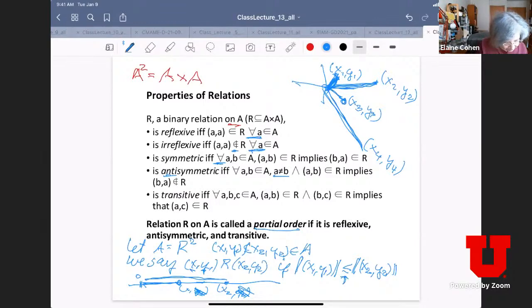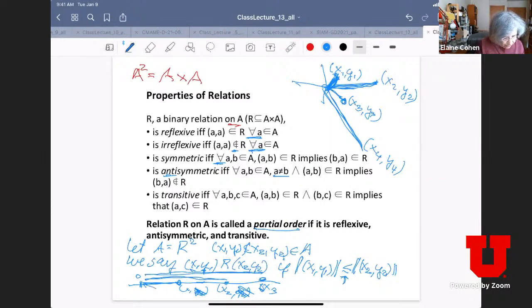Okay. All right. And transitivity still holds because of the lengths of the line. If I have a third point, here's x3, that's all we need. And here's the length of that line.